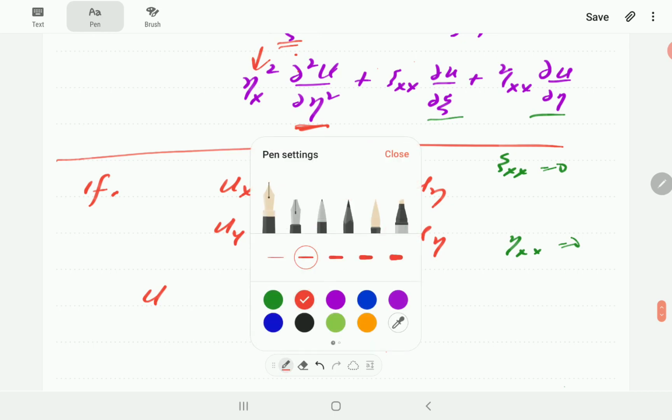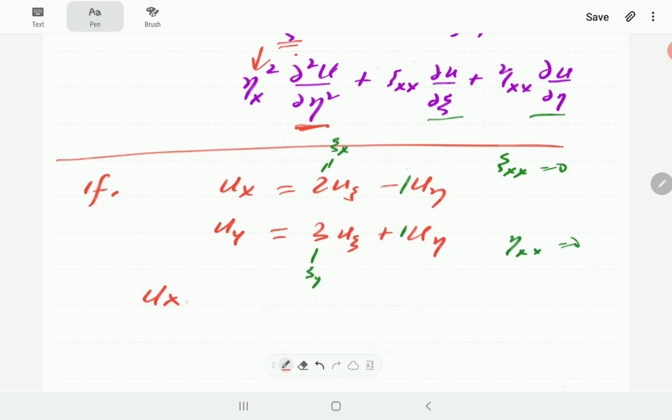So in this case, for u_xx, the coefficient of this is going to be the square of that one. Then the coefficient of the middle term is going to be this one times 2, which is going to be -4. And then the coefficient of the last one is the square of this one.